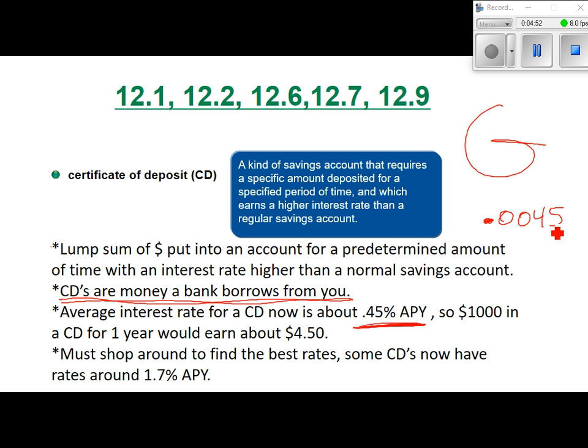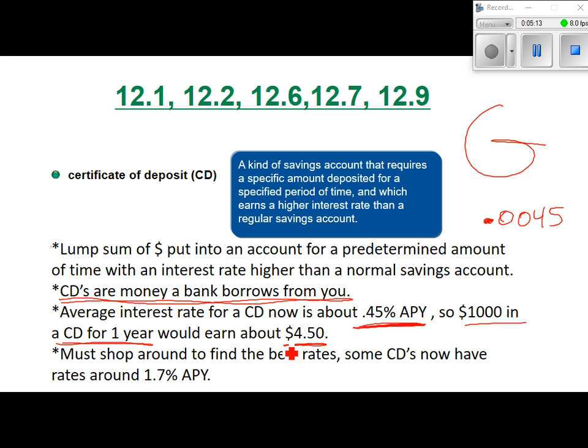If you put $1 in there for 2 years, you would earn 1 penny. That's about the average right now. So if you put $1,000 in a 1-year CD, you would earn about $4.50 over that 1 year.